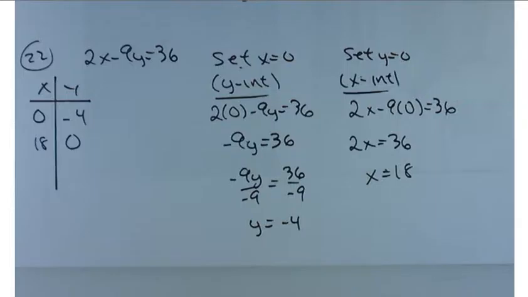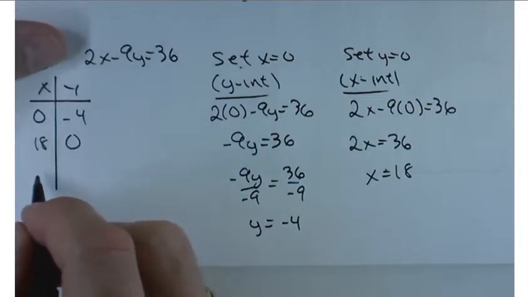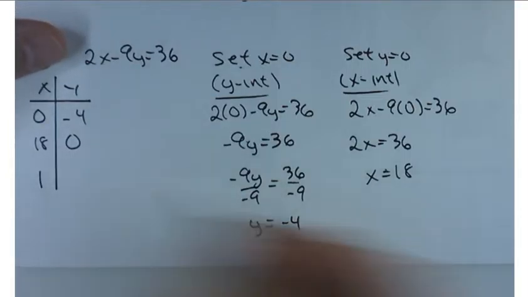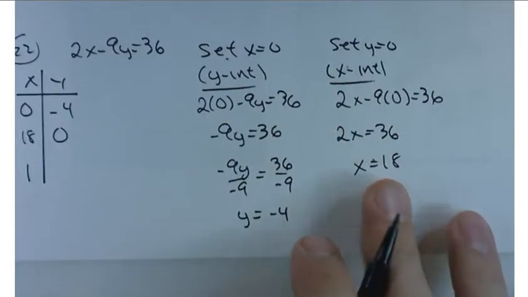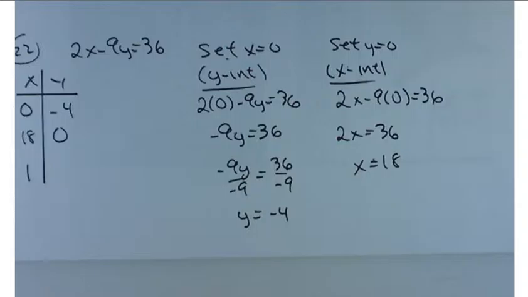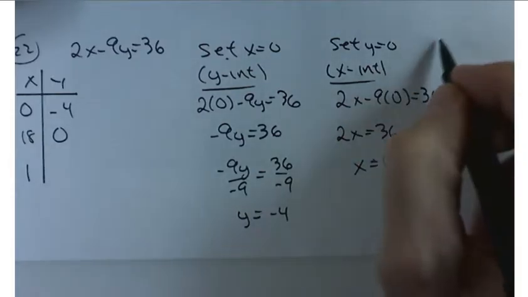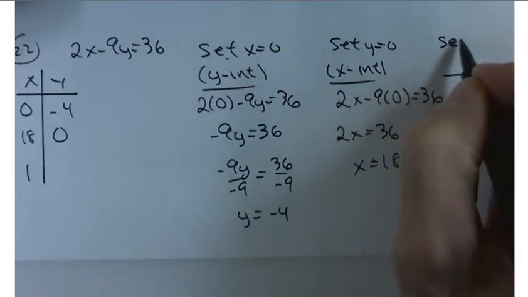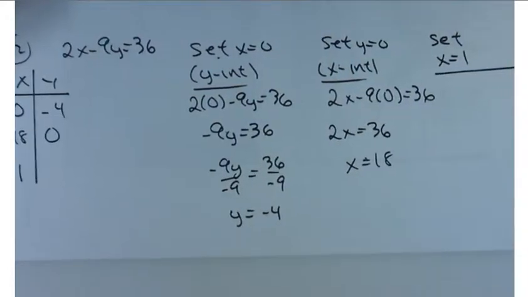One for x. Okay, so let's pick one for x. And let's see what happens when we do for y. Chances are we're going to end up with a fraction. That's okay. It should still kind of match our expectations, at least enough. So let's set x equal to 1 and see what we get.